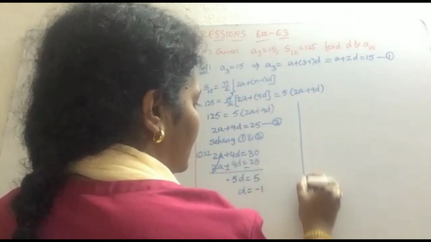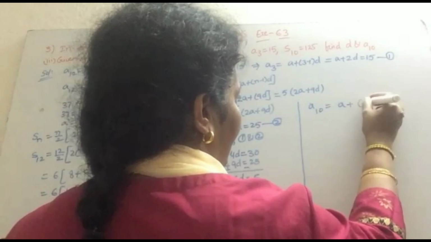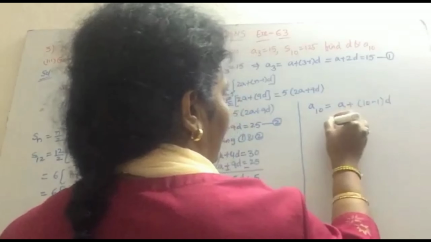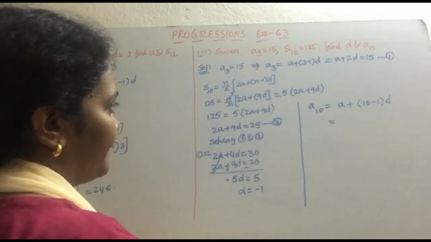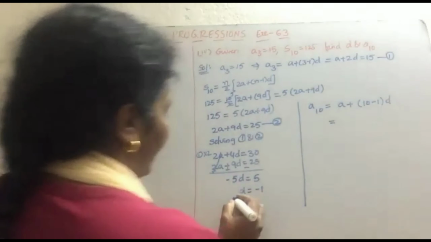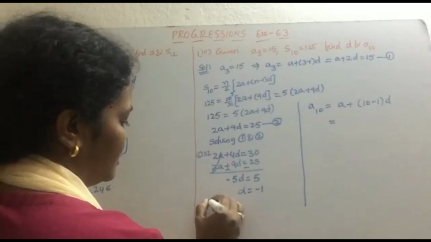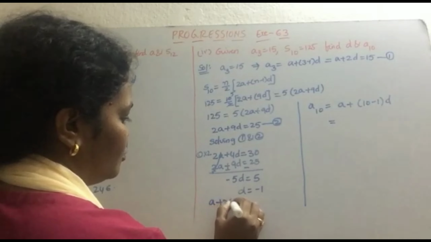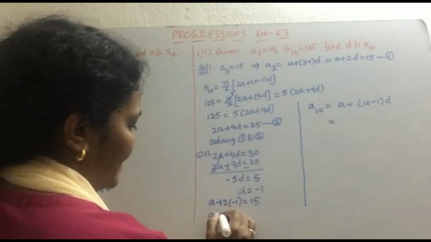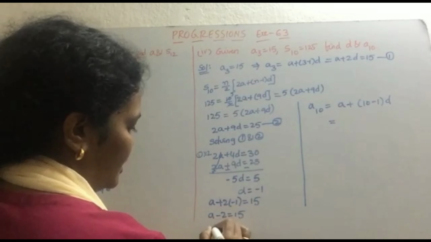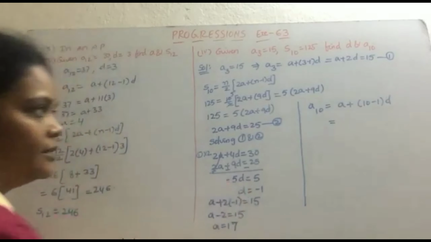So A10 is equal to a plus (10 minus 1) into d. Now here we find d is equal to minus 1. Substitute the value of d in the first equation: a plus 2 into minus 1 is equal to 15. So a minus 2 is equal to 15, a equal to 15 plus 2, 17.